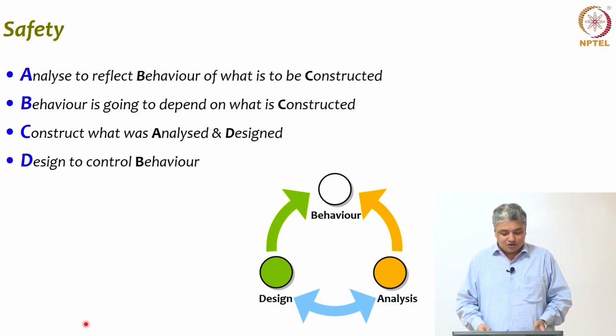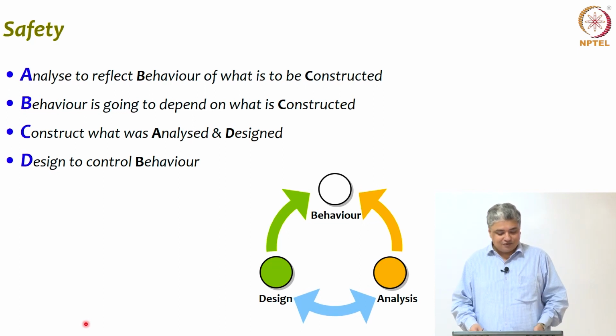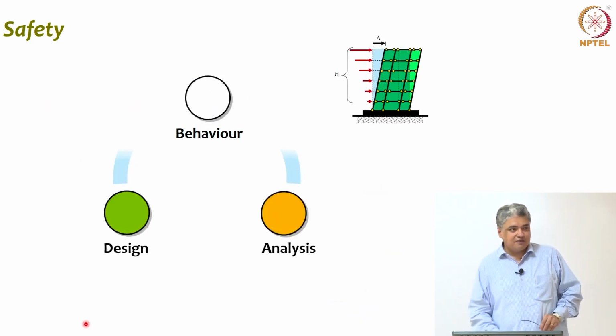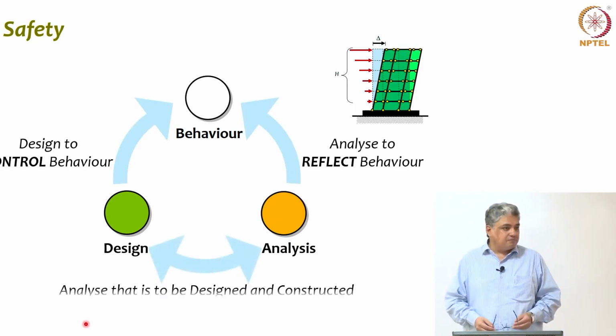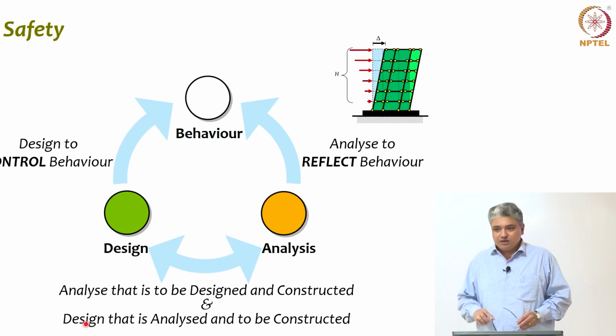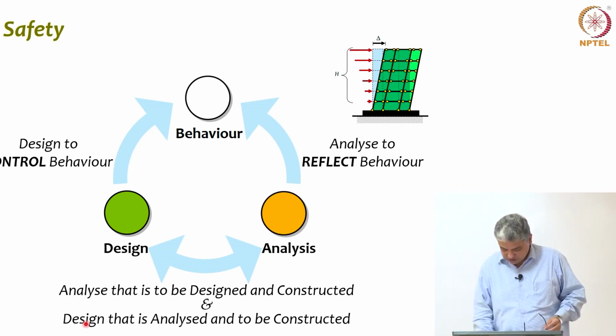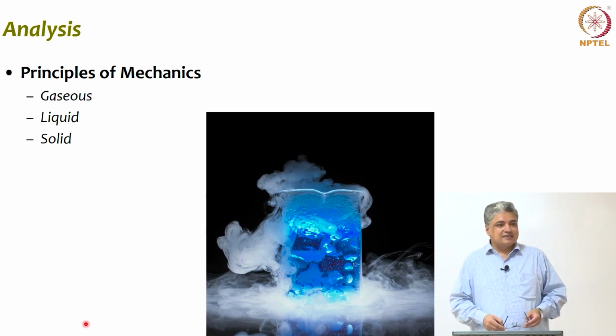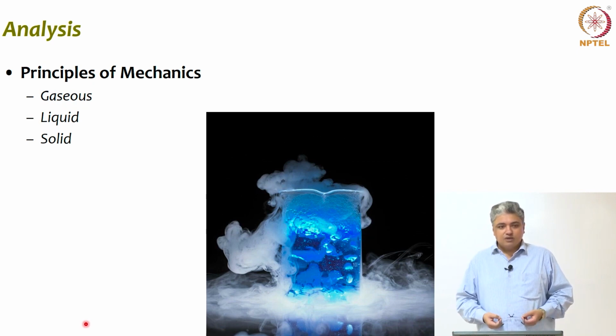So you are supposed to construct only what you have analyzed and designed for, and essentially through design you control the behavior of the structure so that the behavior is acceptable, right? This process is very important, and it's an iterative process that you have to undertake to ensure safety.